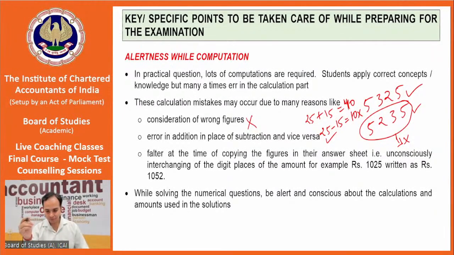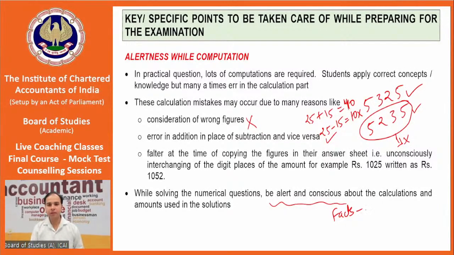And further, be alert and conscious about the calculations and amounts used in the solutions. Sometimes some facts are given in the question itself, so you should try to correlate them with the question requirements.